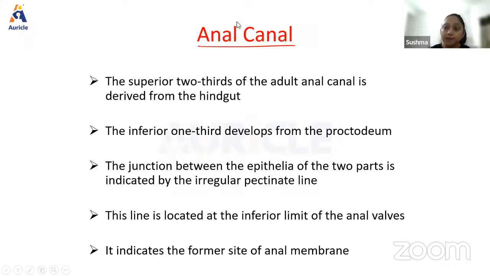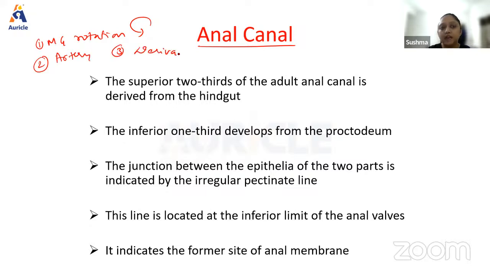But what is important is, number one, the midgut rotation that I taught you, when the intestines actually come back, and how the large intestine undergoes a 180-degree counterclockwise rotation. That concept is important. Number two, the arteries supplying, and number three, the derivatives of each. These are the three components which are important for us, but everything else is for the sake of completion. You can just go through these slides once. No harm in just knowing this.